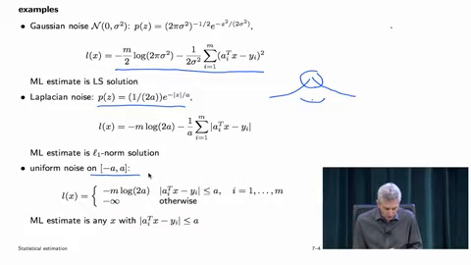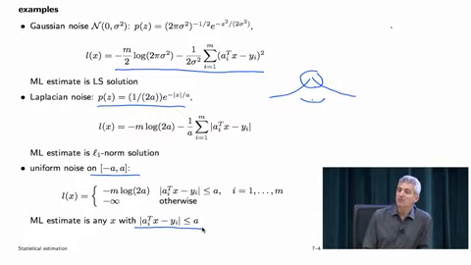Well, if you have uniform noise, then the log likelihood function is actually just constant. And it doesn't matter what constant it is, provided you are consistent with the measurement, right? And so there you simply solve a feasibility problem. There are multiple maximum likelihood solutions, and you simply choose one that satisfies this condition.